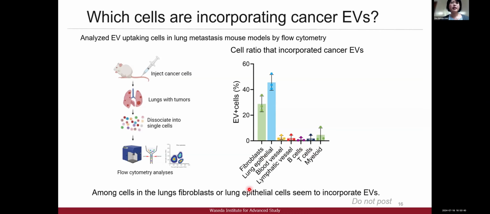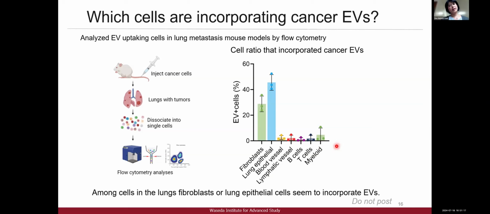You can see that among the variety of cells in the lungs, some fibroblasts or lung epithelial cells, maybe 20% to 45% of them, are actually incorporating these cancer-derived EVs, whereas immune cells like T cells, B cells, myeloid cells, or blood vessel-derived cells are not really preferentially taking them up.